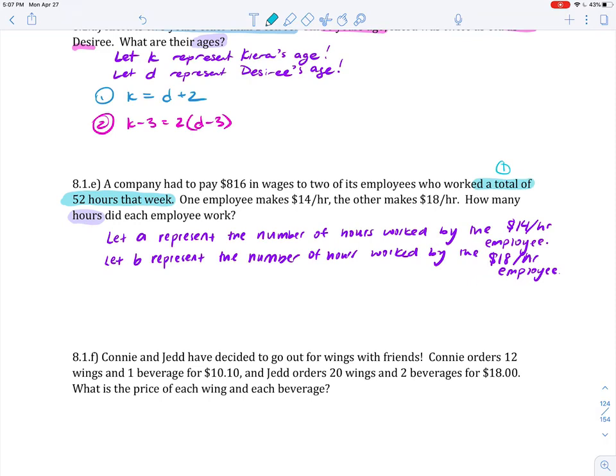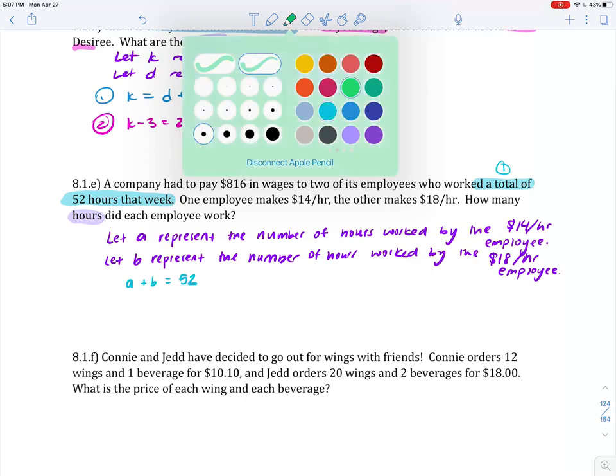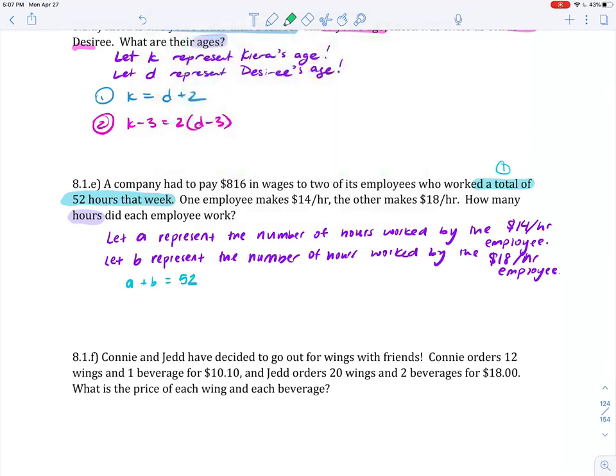So that information is going to give us equation 1. In equation 1, if the total number of hours worked that week by those 2 employees is 52, then A plus B should be 52, because A is the number of hours worked by the first employee, and B is the number of hours worked by the second.